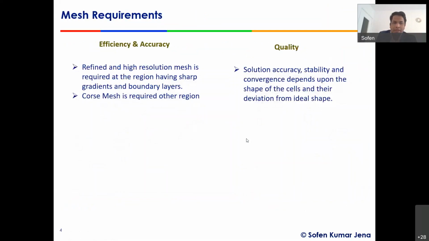Then, as I told you in the earlier slide, we have to come to a trade-off between the computational efficiency and the mesh quality, right? What the quality is, I will come to.